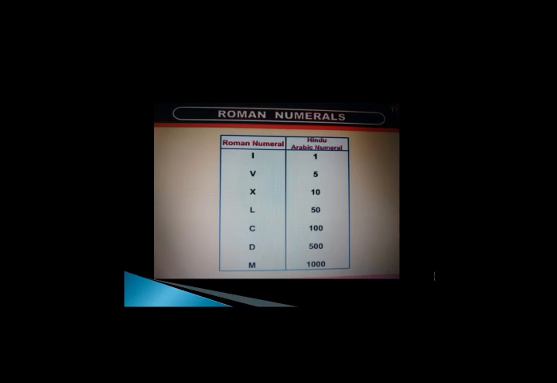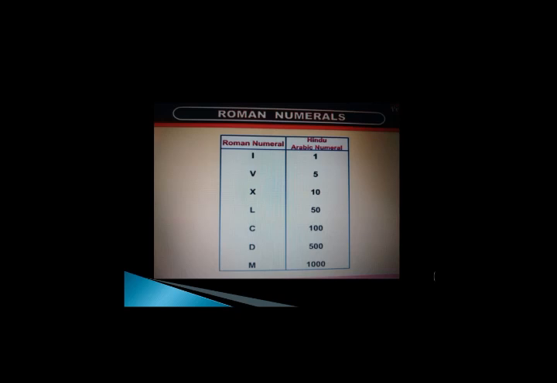Now, let's learn how Roman numerals represent the Hindu-Arabic numerals. See, here is a table showing that the Roman numeral I stands for the Hindu-Arabic numeral 1. The Roman numeral V stands for Hindu-Arabic numeral 5.